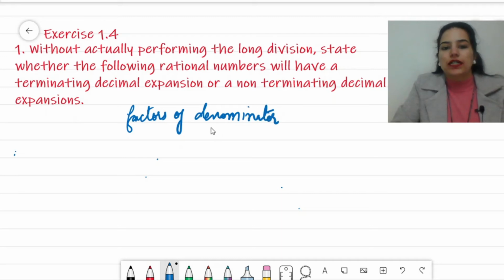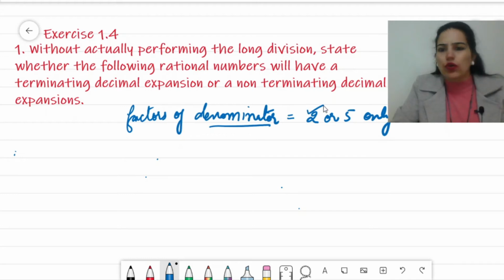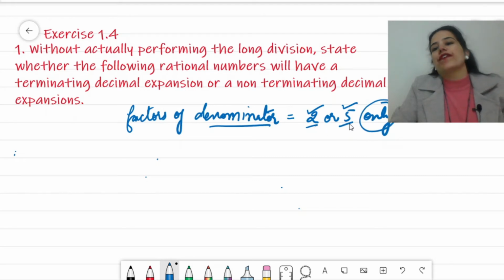The denominator should have factors 2 or 5 only. Means there can be all 2's, there can be all 5's, there can be some 2's and some 5's, but not any other number other than 2 and 5. If there is a 2, 5 and a 3, or a 2, 5 and a 7, then it will not have a terminating decimal expansion. But if it is only 2 and 5, it will terminate.